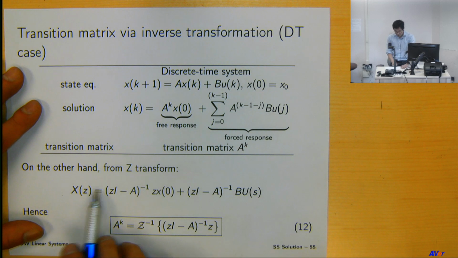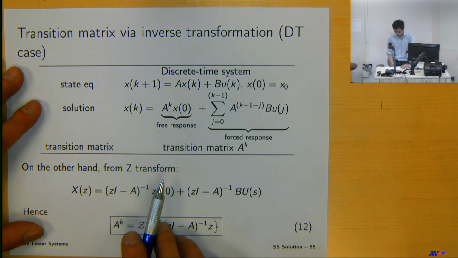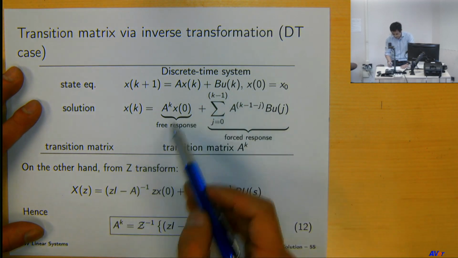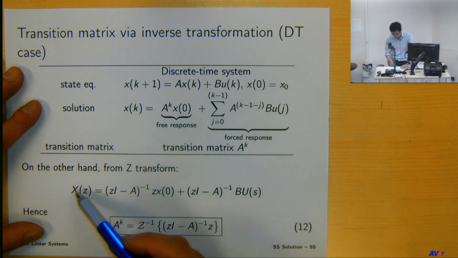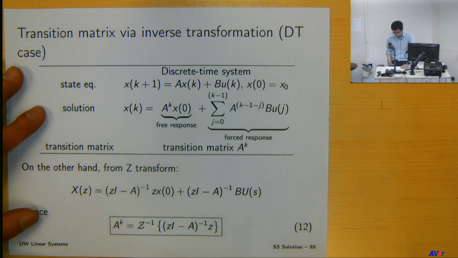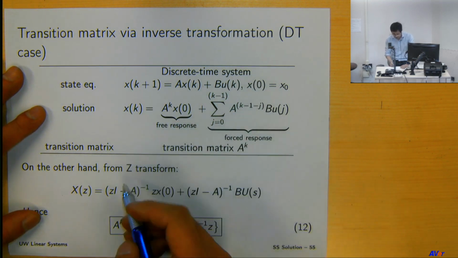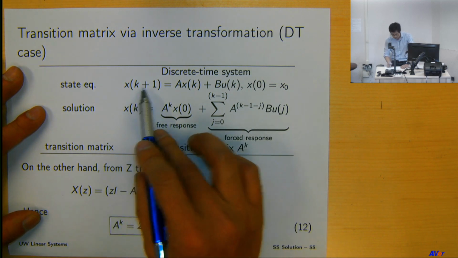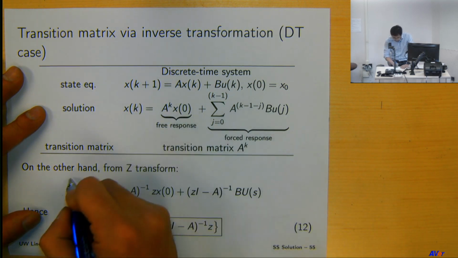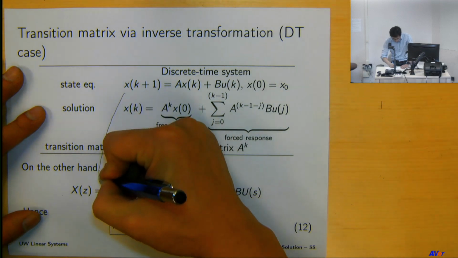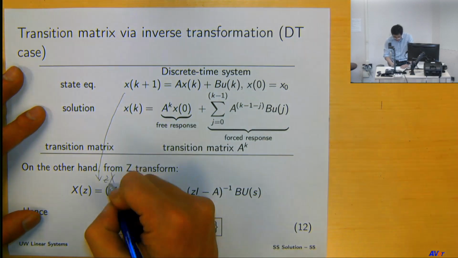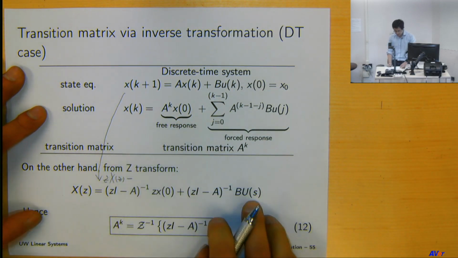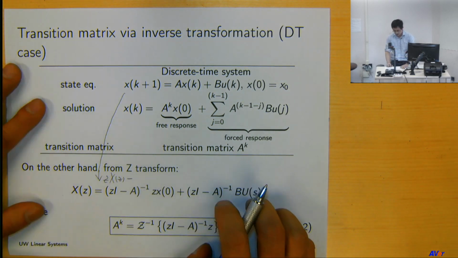If you do the Z transform, you can also obtain the Z transform of the x response. Be a little careful this time. The Z transform of this one is going to be z X(z), and then what is the initial condition part?